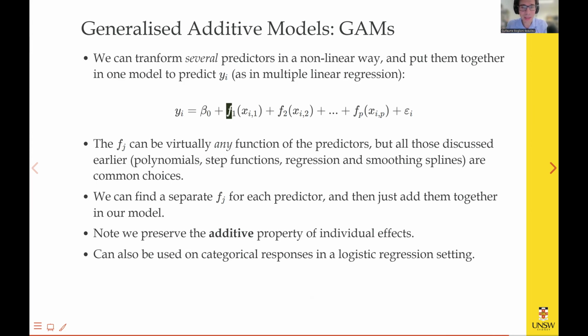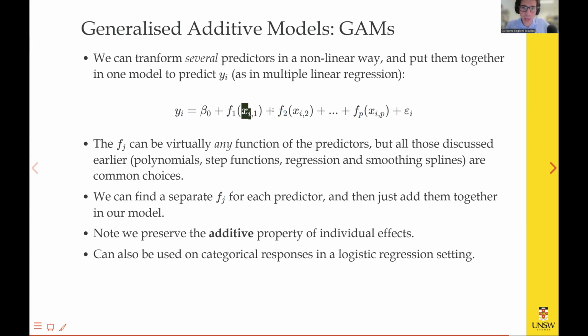And so in essence, we're simply saying, if it looks like y is not a linear function of x1, but maybe a polynomial is doing a good job here, then you transform x via a polynomial. This would be represented by this f1 function, where f1 could simply be some constant times x1, plus another constant times x1 squared. That would be a polynomial of order 2.